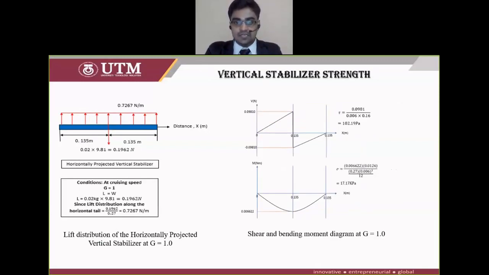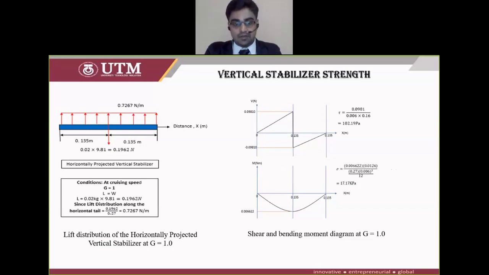And now we are moving to the vertical stabilizer shear and bending moment diagrams. The same principle is applied as we have done for the horizontal stabilizer. The only differences are the values of shear and bending stresses. One more change that I made is the drawing of the free body diagram.